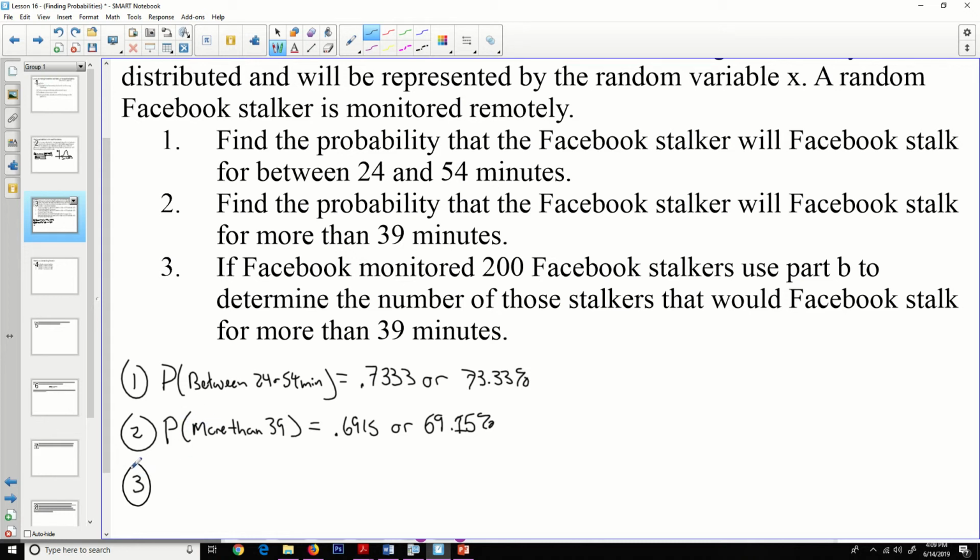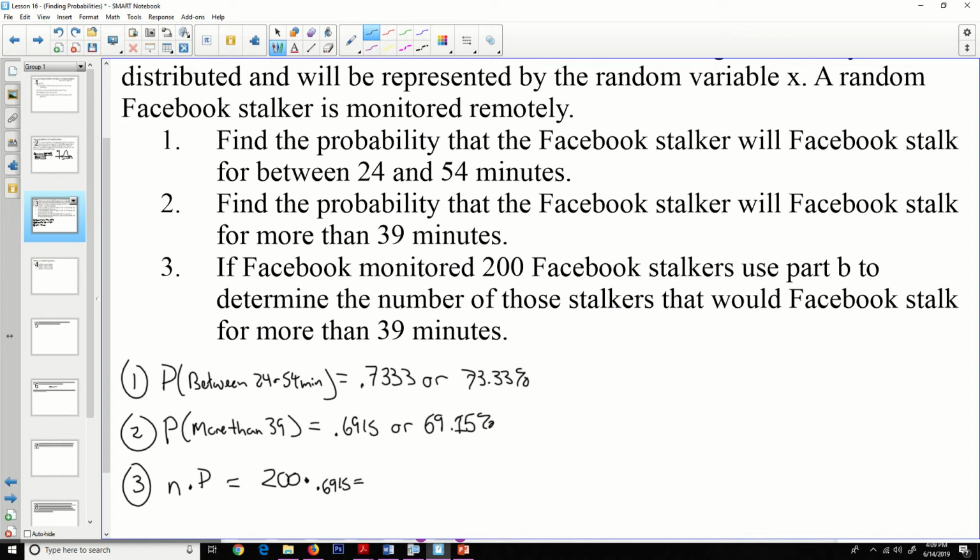Number three says if a Facebook is monitored 200 Facebook stalkers, use part B to determine the number of those stalkers that would Facebook stalk for more than 39 minutes. Well, that's just going to be n times the probability. In this case, n is 200, and the probability is 0.6915.